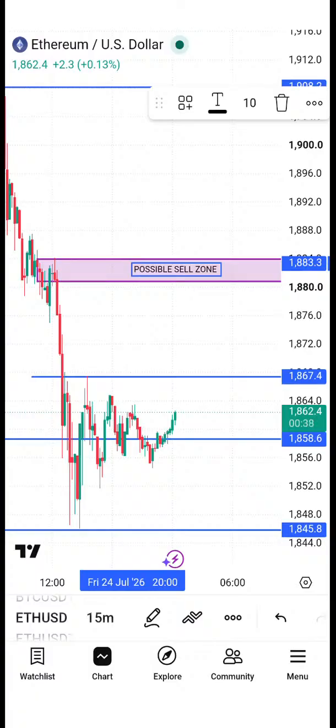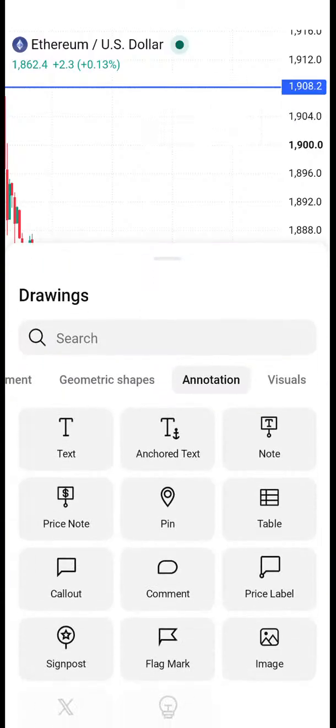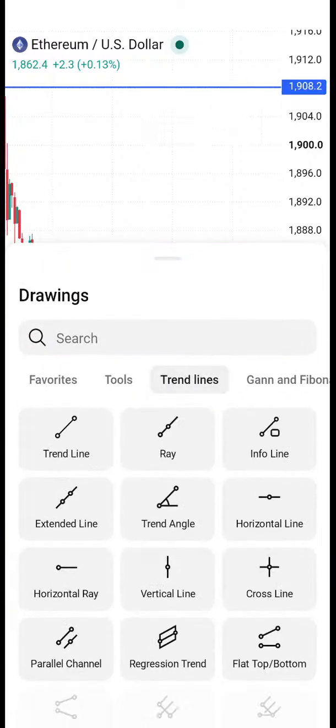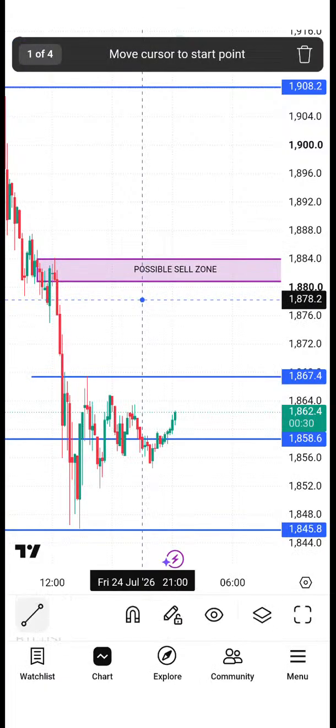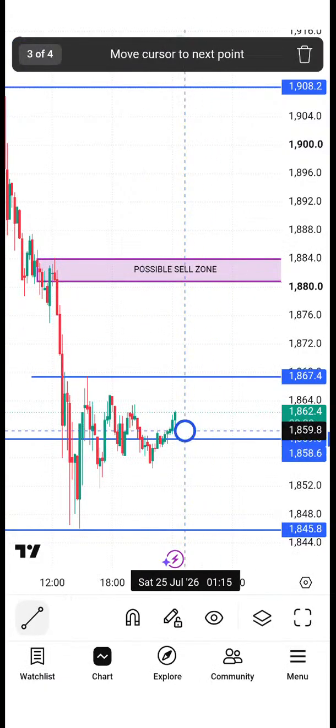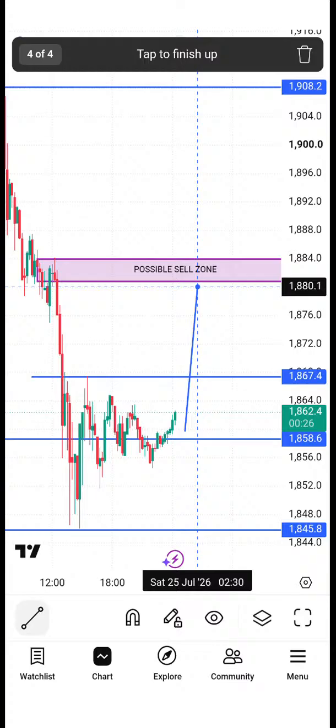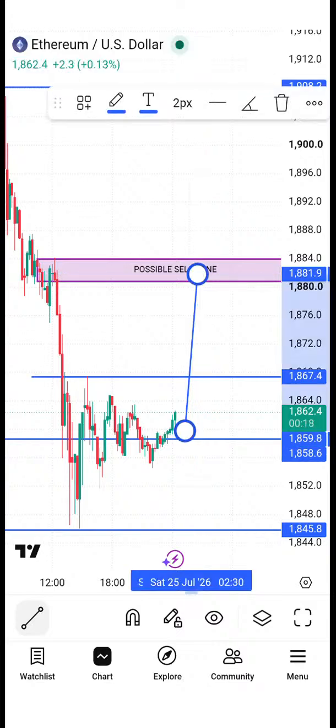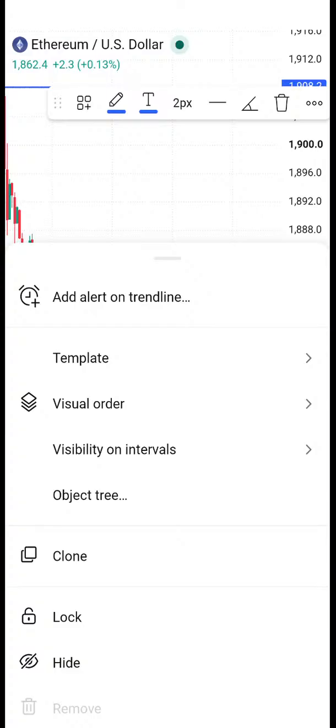So if you want to sell Ethereum, guys, you have to wait patiently, wait for it to come here. From here, you look for confirmation. It's very important, guys, you look for confirmation before you sell.